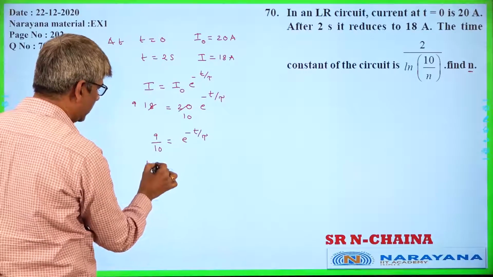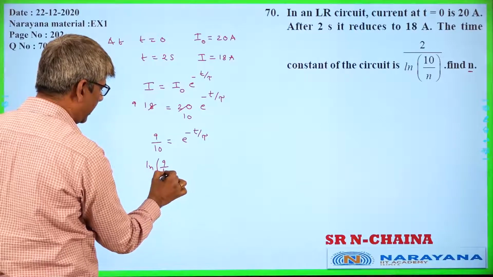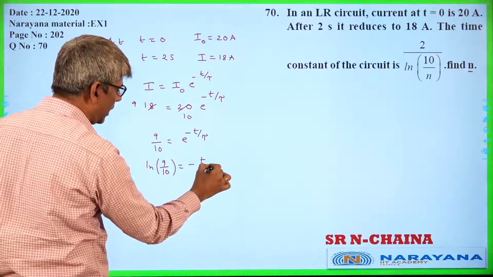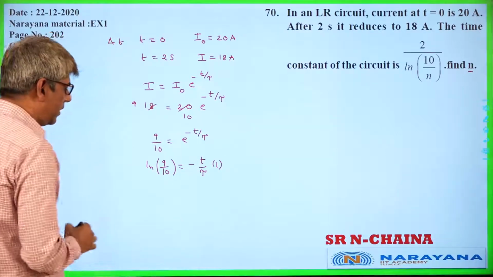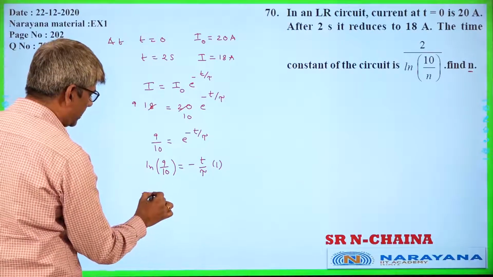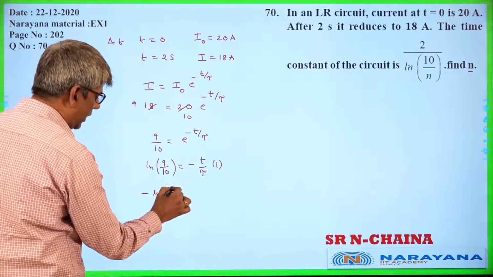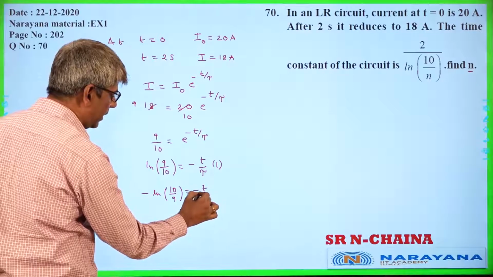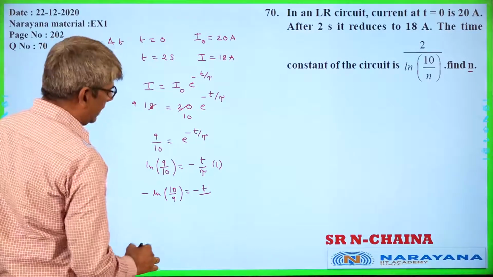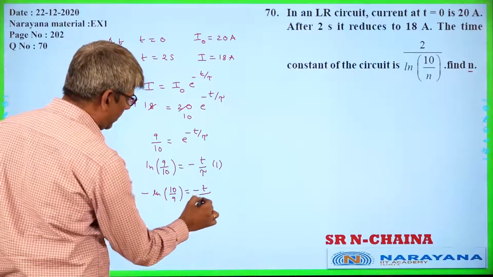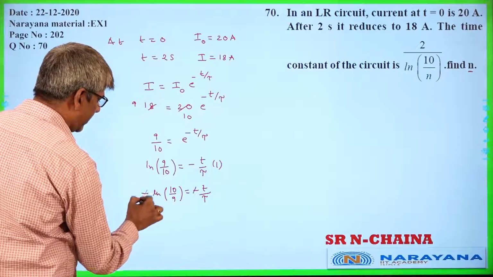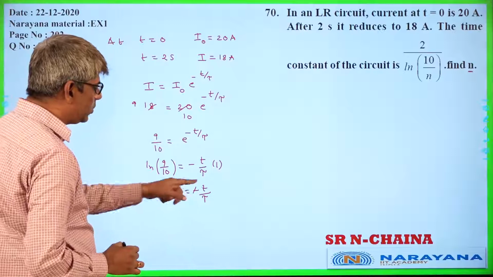Taking log on both sides, log of 9 by 10 is equal to minus t by tau log of e, which is 1. The same can also be written as log of 10 by 9 is equal to t by tau, as the minus signs cancel. t is given as 2 seconds.